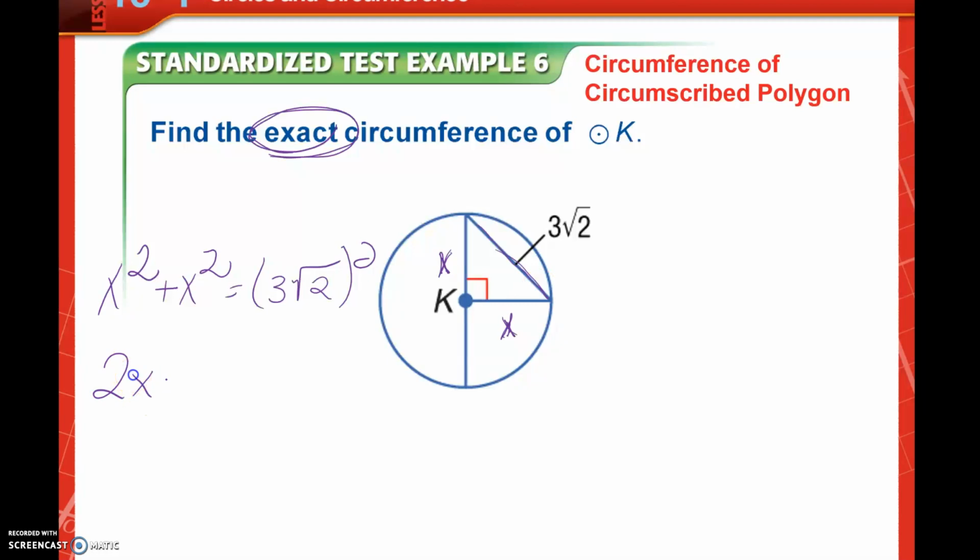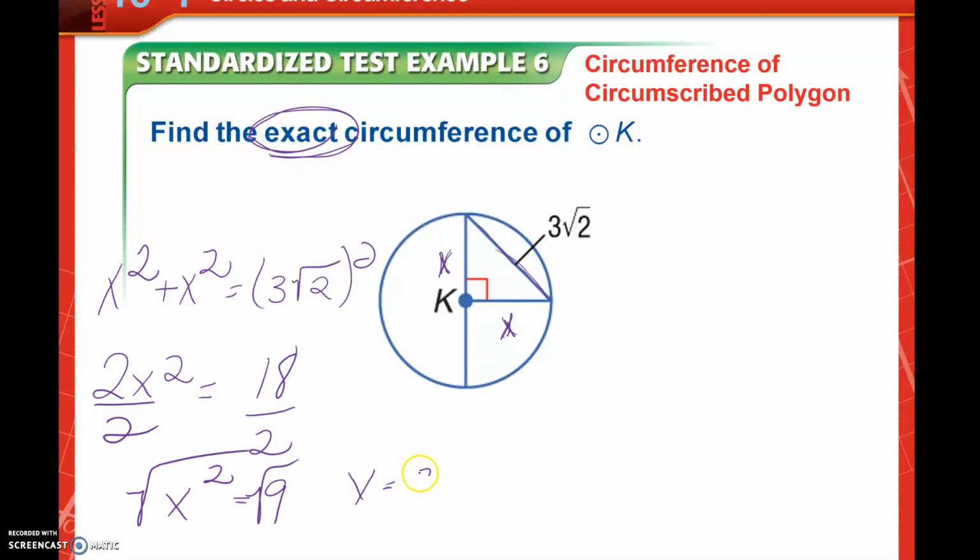So 2x squared equals 18. When we square that, 3 square root of 2, we square the 3, which is 9, and then the square root of 2 squared is just 2, so 18. Divide by 2. X squared equals 9. So x equals 3. So my radius is 3.